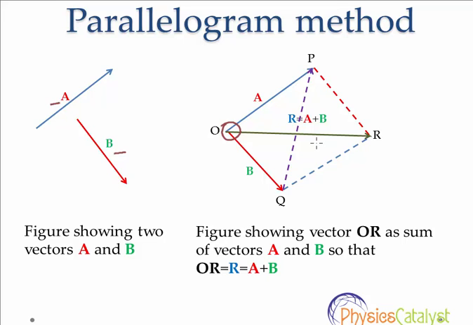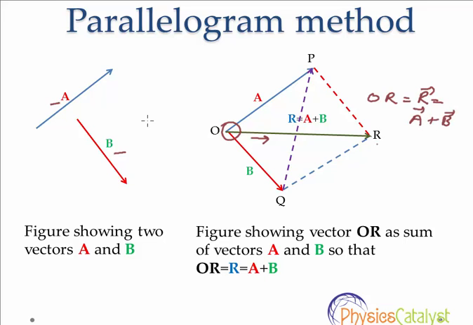In this figure, the dotted lines show the remaining two sides of the parallelogram. Now to get the sum of vectors A and B, draw a vector that extends from the tails of vectors A and B across the diagonal to the opposite corner of the parallelogram. Now in this figure, vector OR shows the sum of vectors A and B. So OR is equal to R is equal to A plus B.